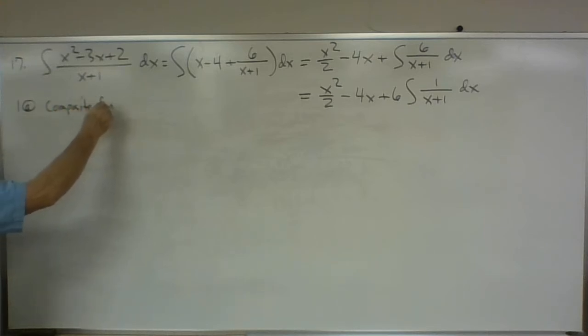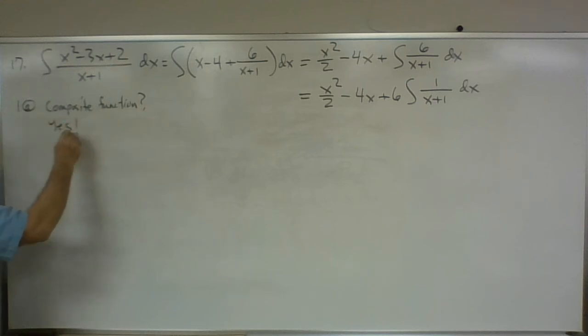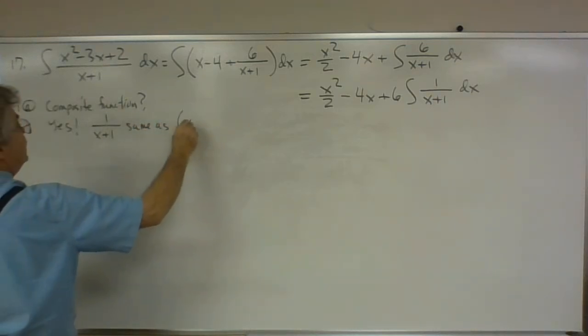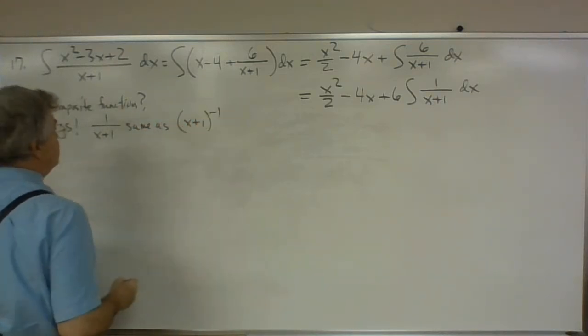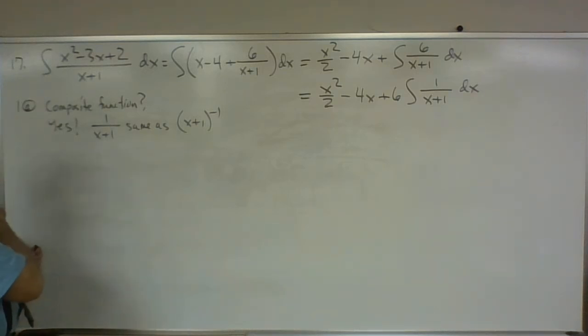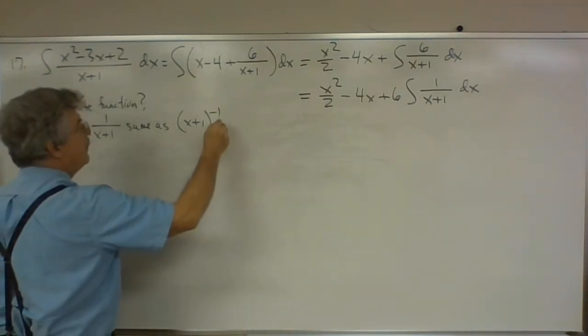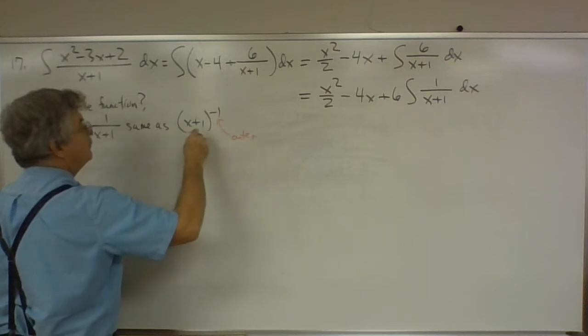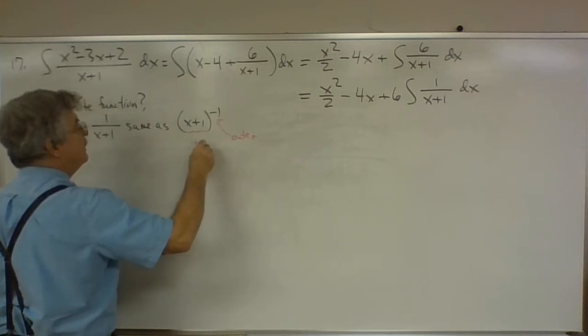Do I have a composite function? Yes. 1 over x plus 1, and that's the same as x plus 1 to the negative 1. So this is a function raised to a power. The power is the outer function. The x plus 1 is the inner function.